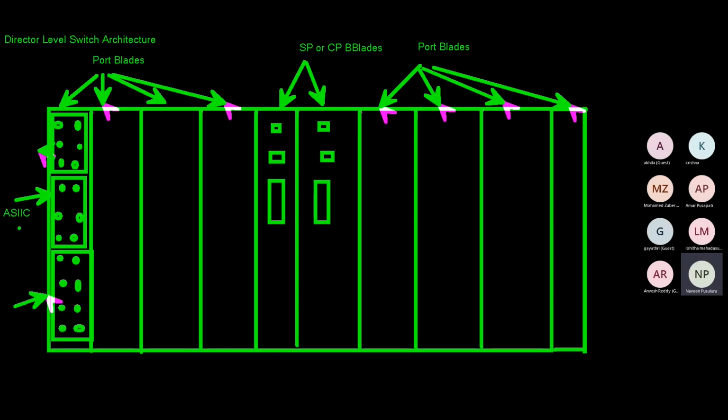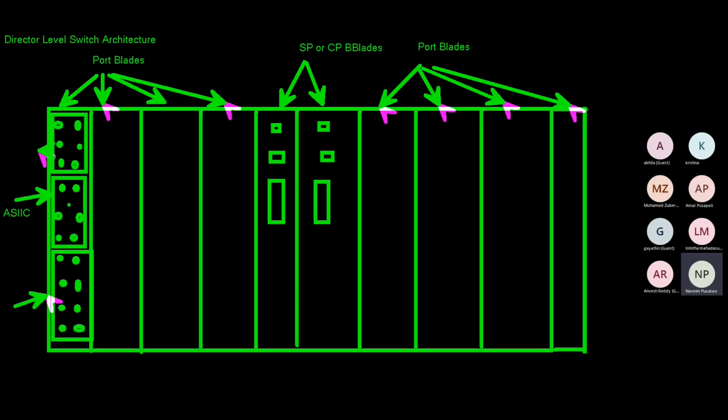All the ports in that port group are taken care of by the ASIC: the port speed, the port type, and also the port firmware. Everything related to the ports in that particular port group is managed by the ASIC only.